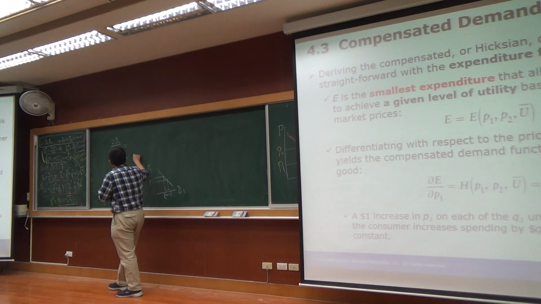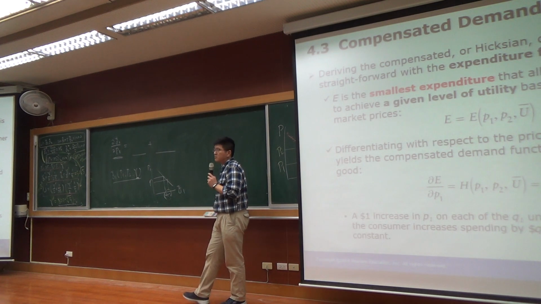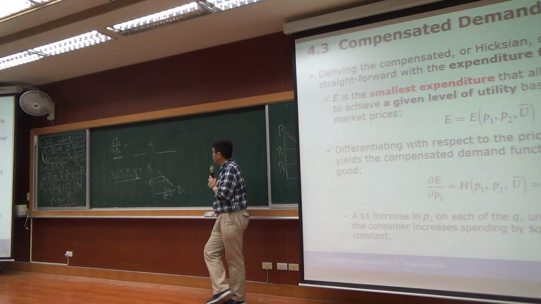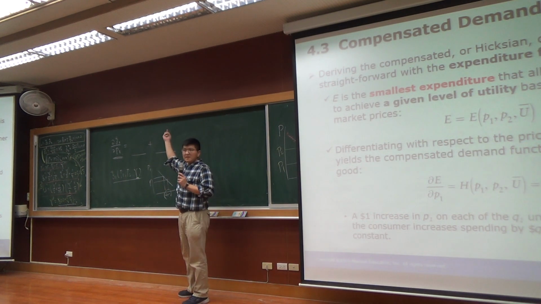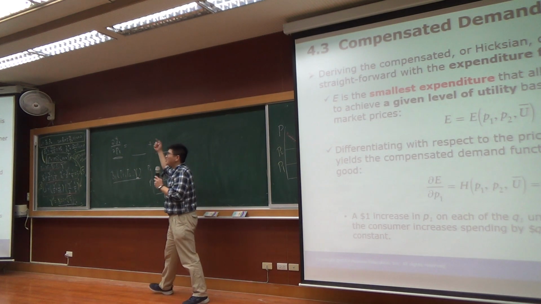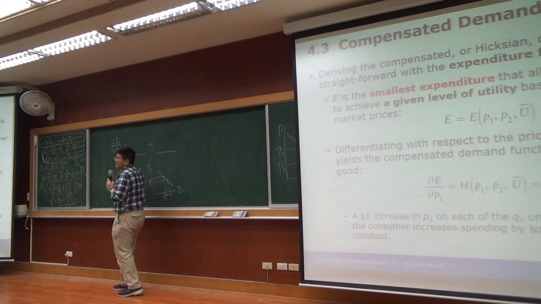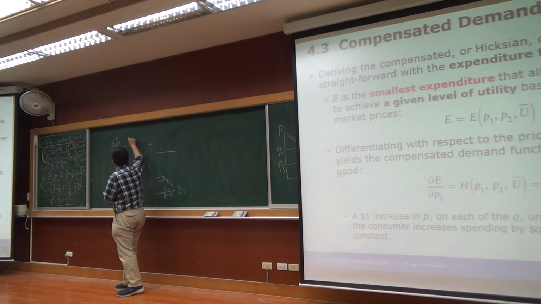So you know it may be decomposed into 2 parts. Okay? The first one would be the substitution effect, and the second one would be the income effect. So how can we describe with math to say something about the substitution effect?